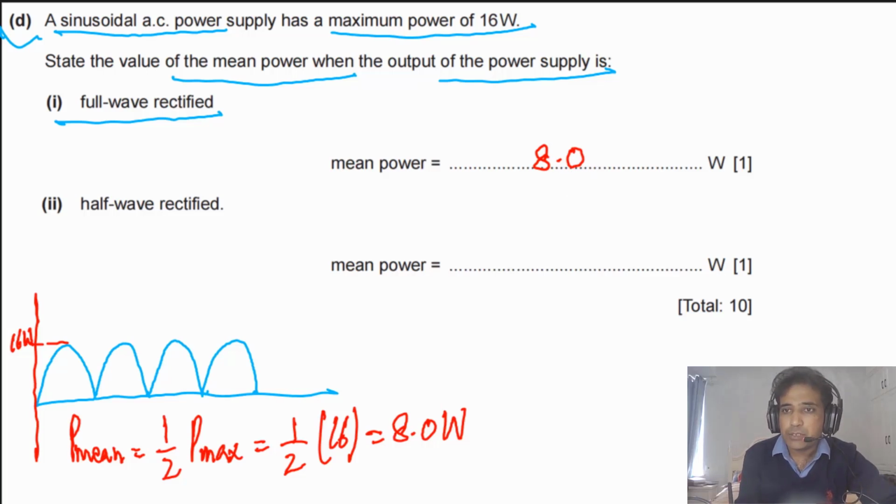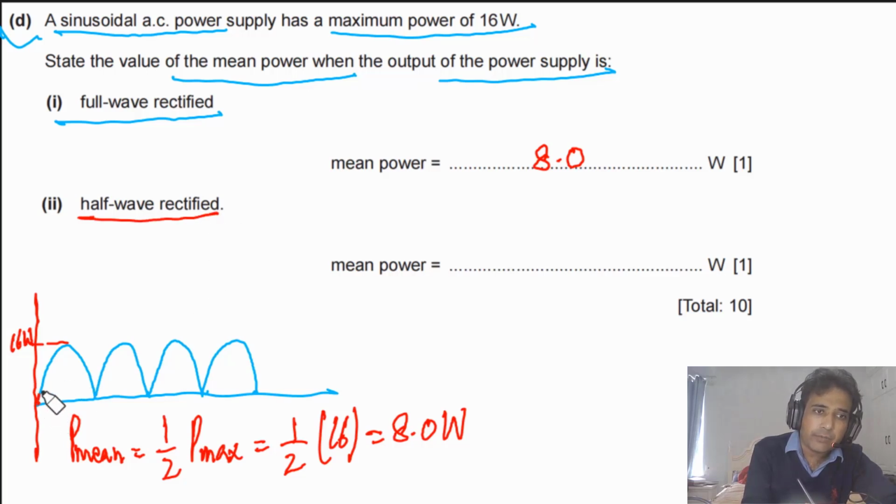Now it is given to us that it is half wave rectified. Half wave rectified means the signal will look like this. Again we see power for half of the cycle, and for the other half of the cycle there will be no power. So in this case, what is P mean? For the full wave case the average power was 8 watts.